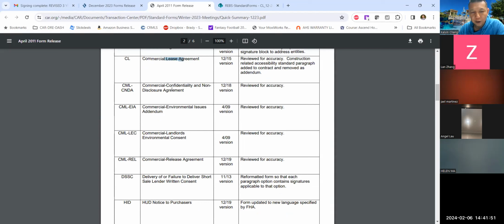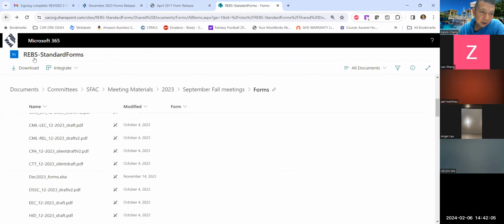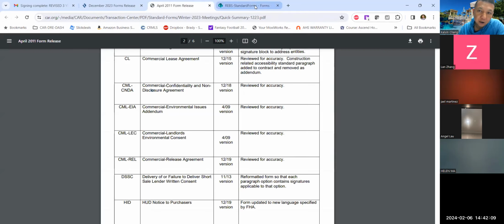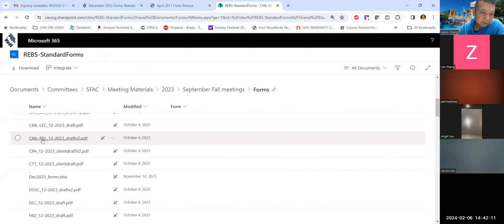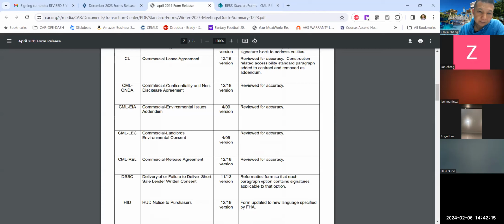So when you're in commercial, there is a confidentiality and non-disclosure agreement. We call this an NDA in our agreement. Basically, I like to use this form when there are specific situations of confidentiality. It's called CML-CNDA.